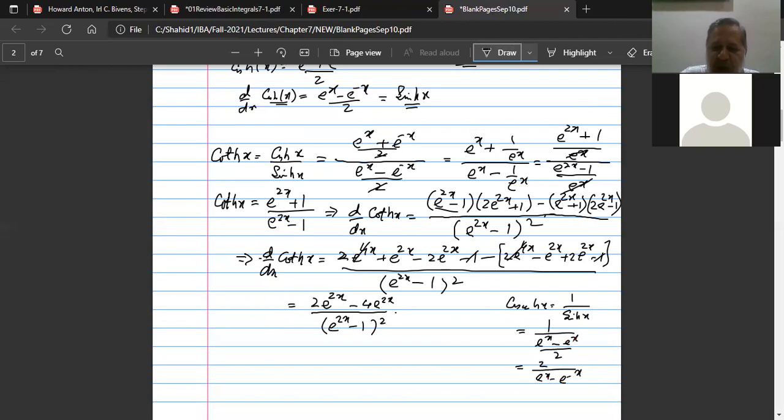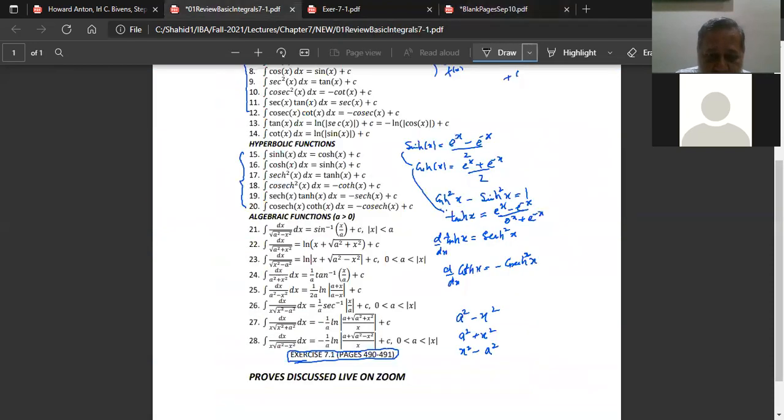So to get cosecant hyperbolic square x, I should have had 4 on top. So let me see whether I have made some mistake or not. Because as a result of the derivative of cot hyperbolic, I should have cosecant hyperbolic square with a negative sign.